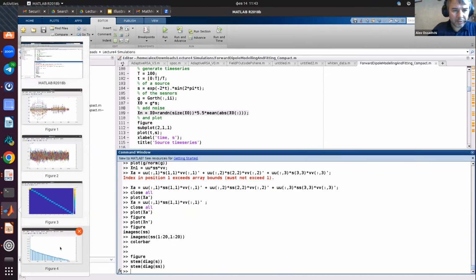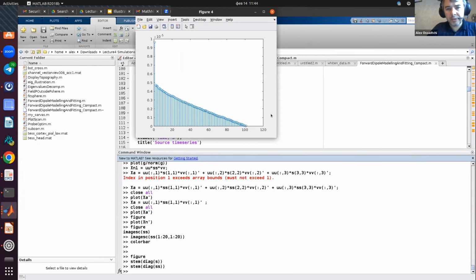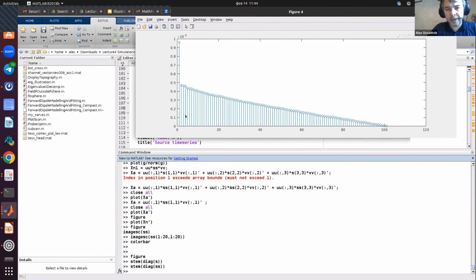Stem SS, okay. This is stem. This is only the diagonal of this S matrix, and we see that the first guy sticks out, and the rest of the guys are much lower in amplitude, right? That tells you that there is one main dimension, one main frame, if you will, in your matrix, and the rest are not important, okay?